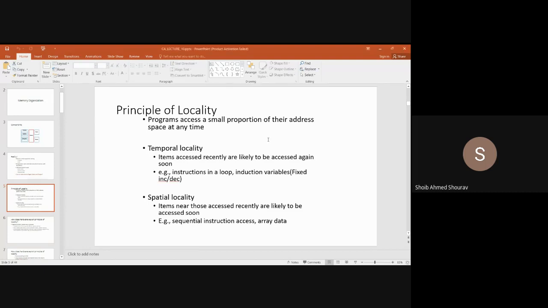Remember, temporal locality is all about the same item again and again. You have to try to find out in your assignment if something is getting accessed multiple times or not. If something is getting accessed multiple times, then it is temporal locality.